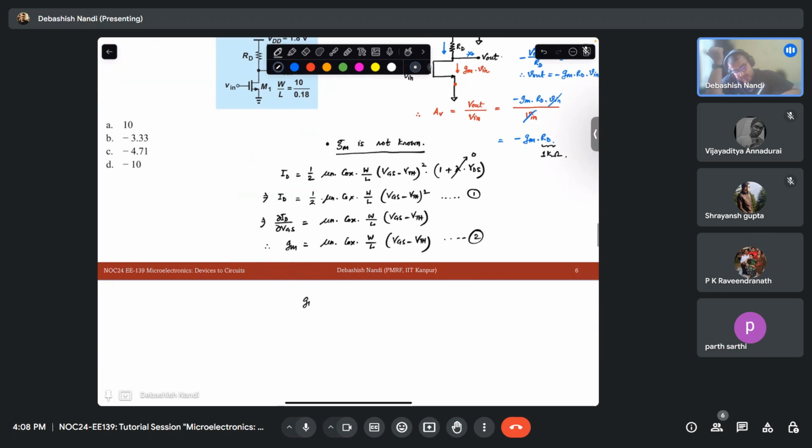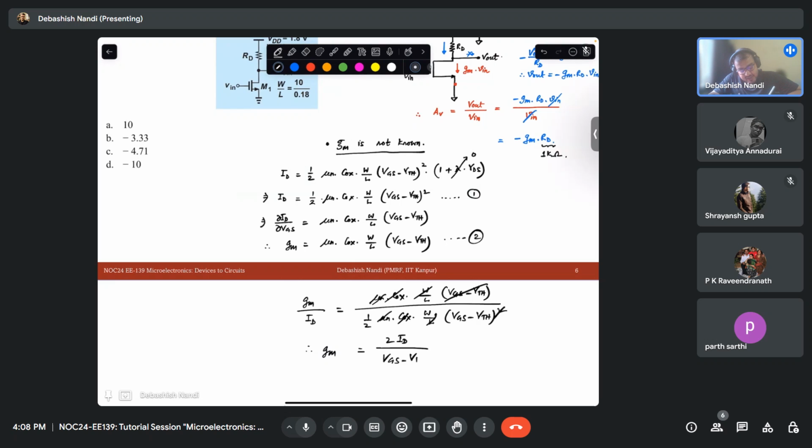I'll just do my GM by ID. So this is mu n Cox W by L, VGS minus VTH, and in this case it is half mu n Cox W by L, VGS minus VTH whole square. So this entire stuff gets cancelled. So GM will be nothing but 2ID by VGS minus VTH.